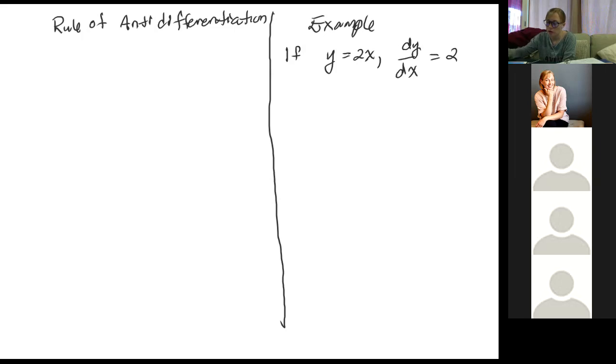So if I want to go backwards and say, well, let me start with a constant 2 and anti-differentiate and get back to this original function, it appears that I just have to multiply that constant by x to get back to it.